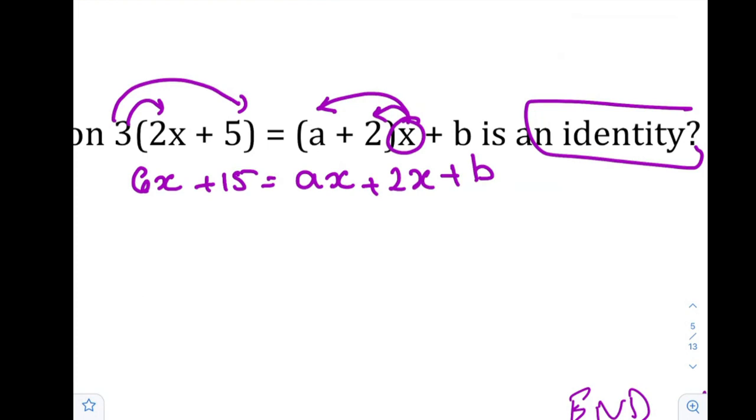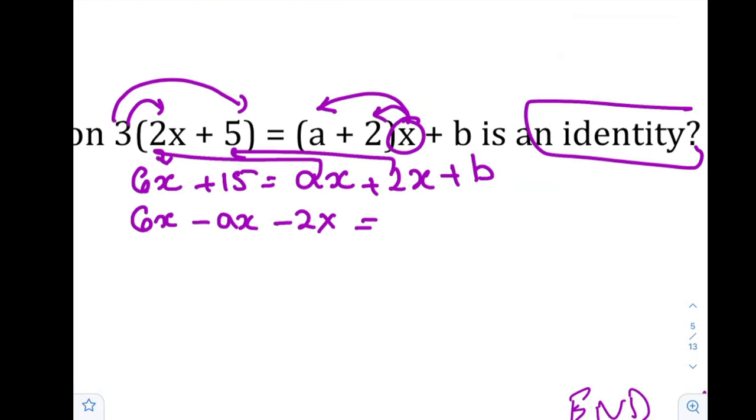Let's try to combine like terms. We have here 6x, and we will bring ax, and we will bring also 2x, minus 2x. To the other side, you will have b, and the 15 also goes there, negative 15.